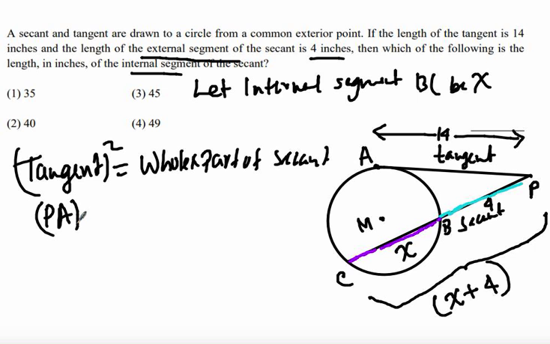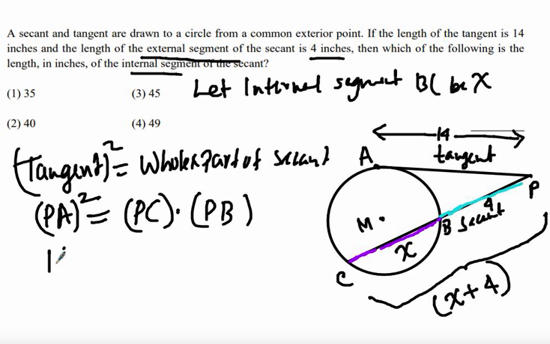So you have PA squared equal to the whole secant, which is from P to C, times the part, which is P to B. Now PA is given. Tangent is 14, so we can say 14 squared is going to be equal to PC, which is X plus 4, times PB, which is 4.